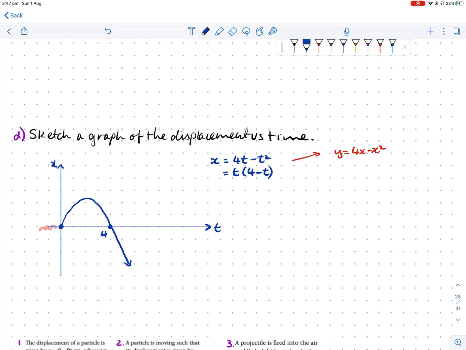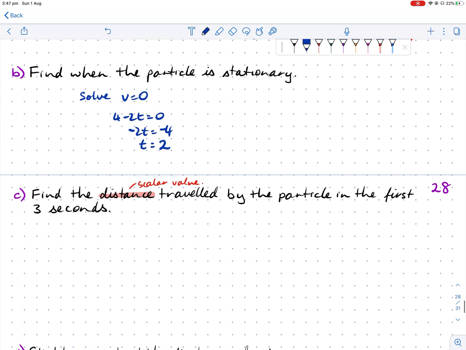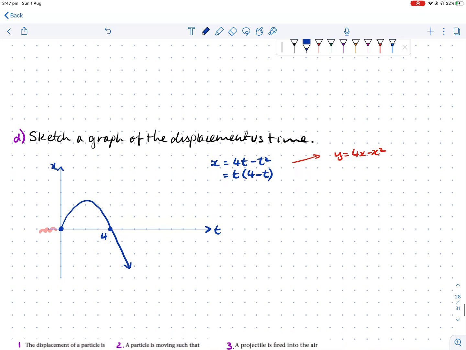Now we can talk about negative displacement, so that's perfectly fine. So we'll just leave our graph like that. We know from part B that the graph is stationary. That point there is at 2. So effectively what this is showing, when we put the time axis here, remember what we were talking about before, this particle is moving along just a vertical line.